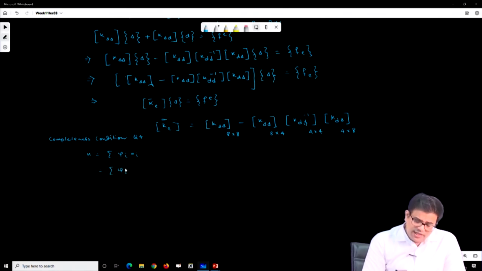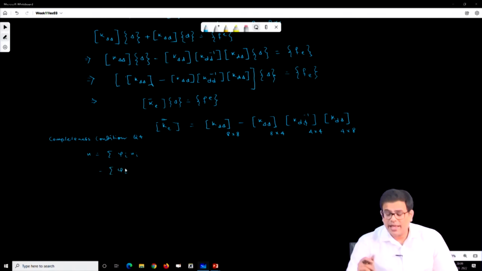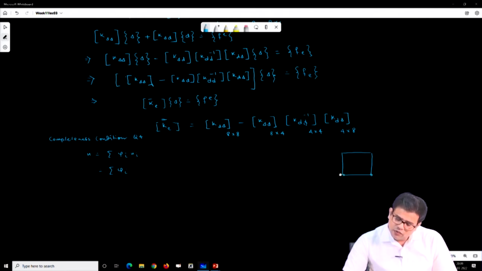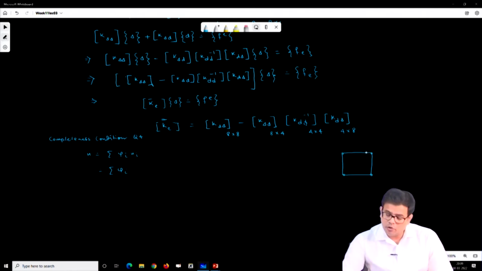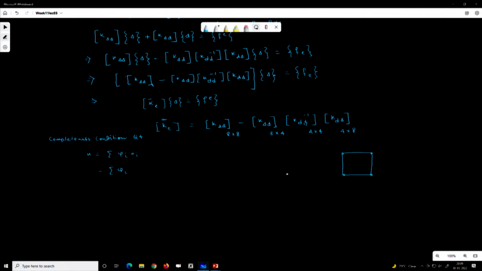If I apply to the boundary nodes some displacement which is a linear polynomial, that is C0 plus C1 xi plus C2 yi, so ui is something like this.